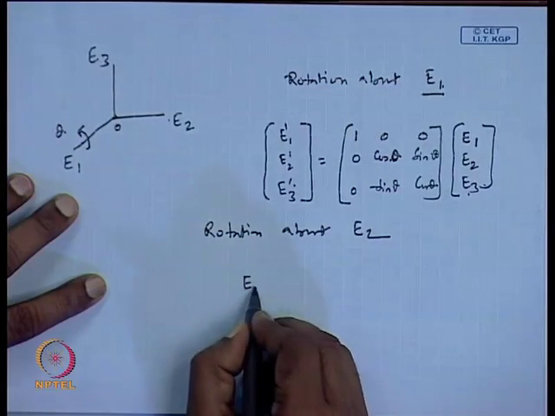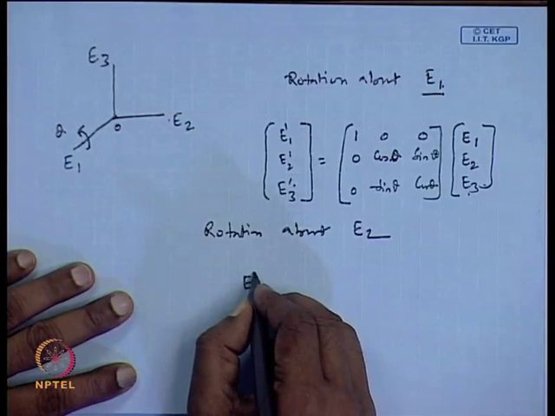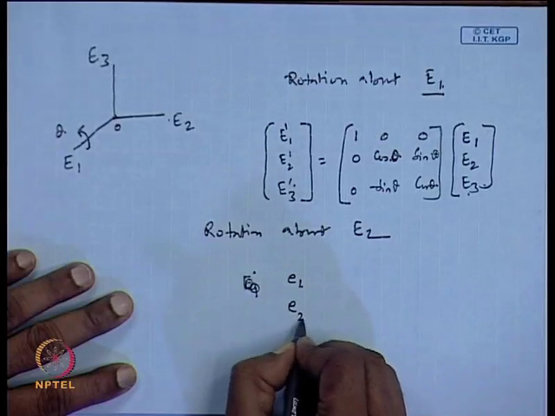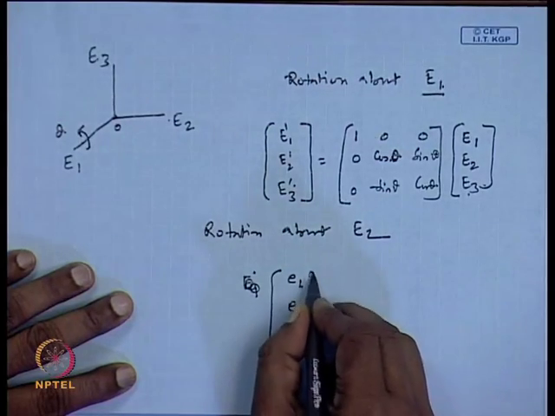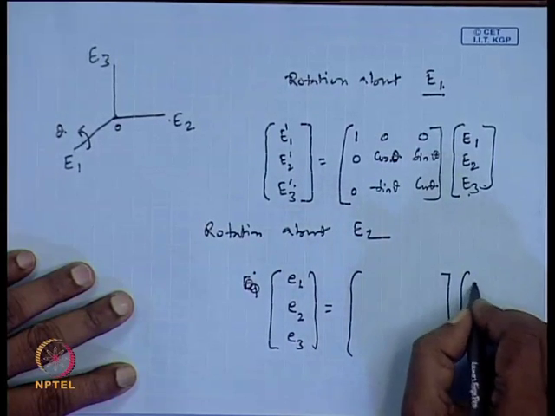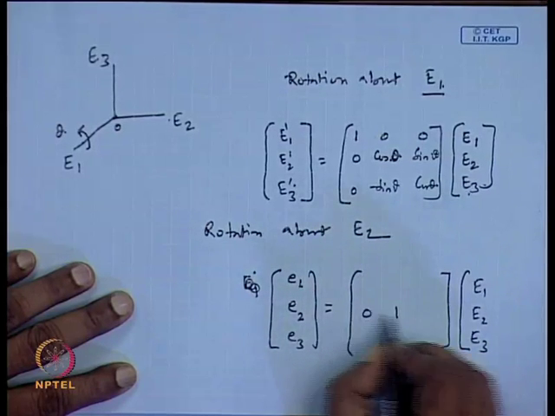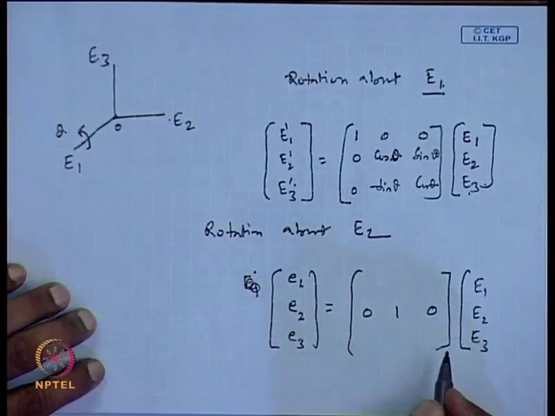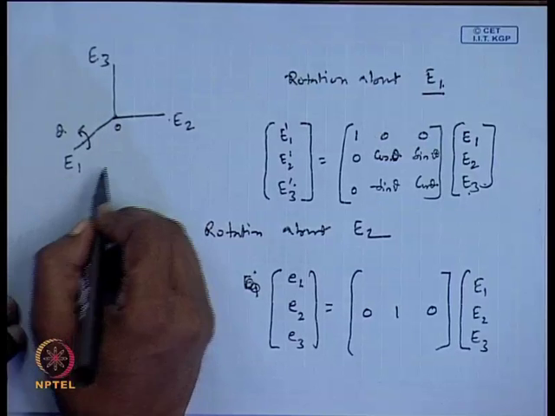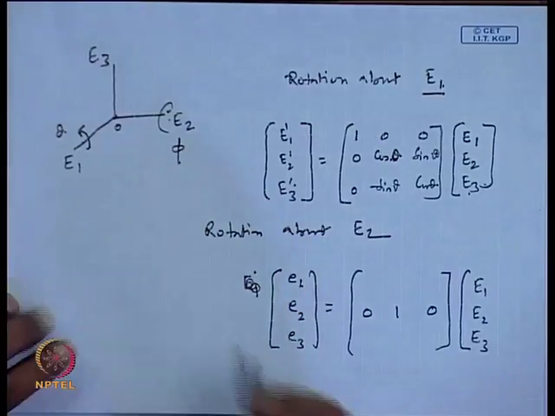Rotation about E2, similarly we can write as, let us say, another notation we use here. Let us say E1, E2 and E3, and now we are rotating about E2, and therefore E2 will remain unchanged. E2 will be equal to E2. Okay. And let us say we want to rotate about this by some amount phi.